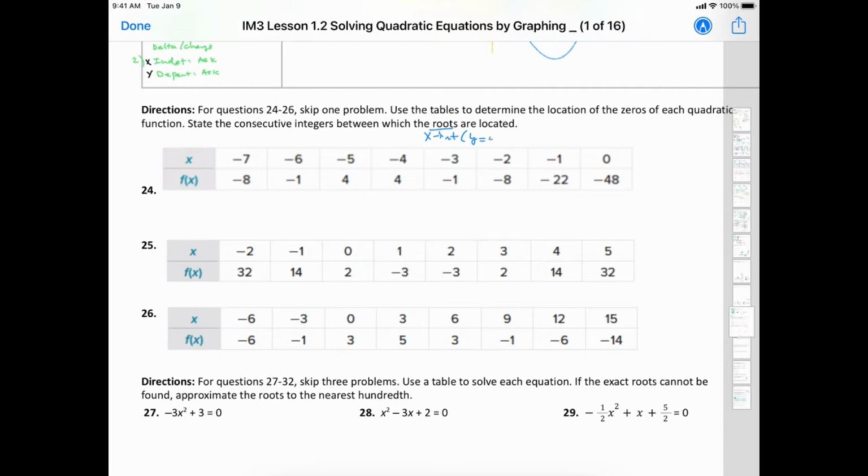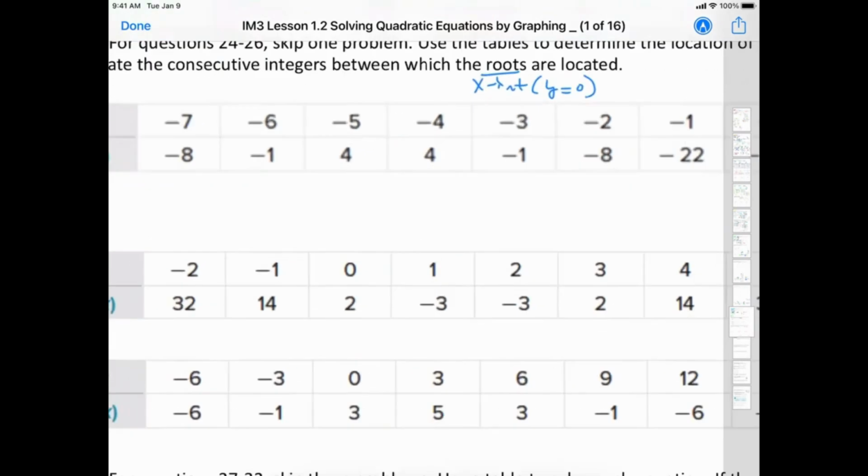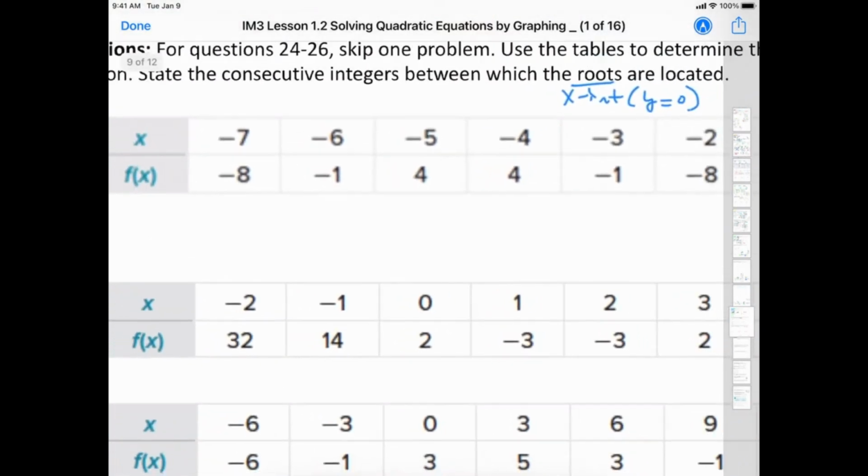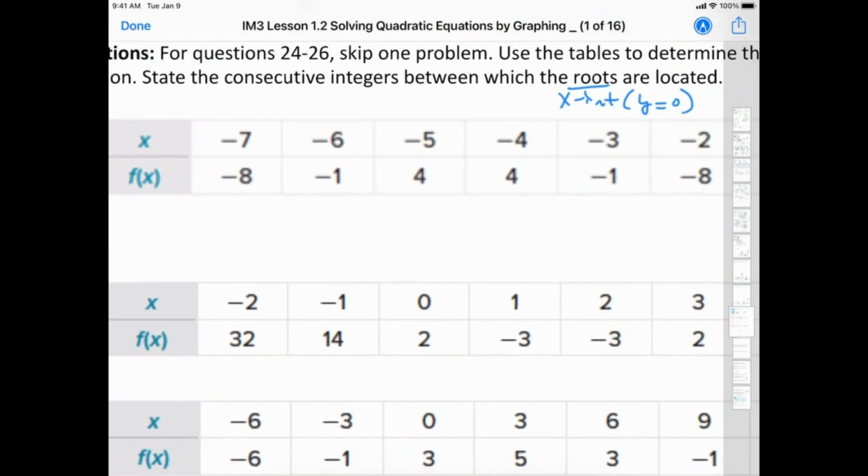So the question is, where on question number 24 do you see a change between negative and positive? Well, they changed the table, so if it's a little bit confusing for you, you have the x's and then you have the y's, right? And we're looking at the y's, and then right here, I see a change, right? Because 0 is between negative 1 and 4.